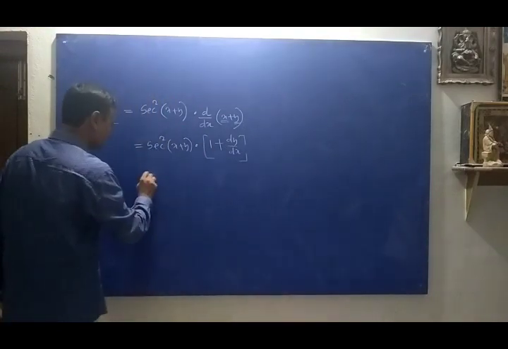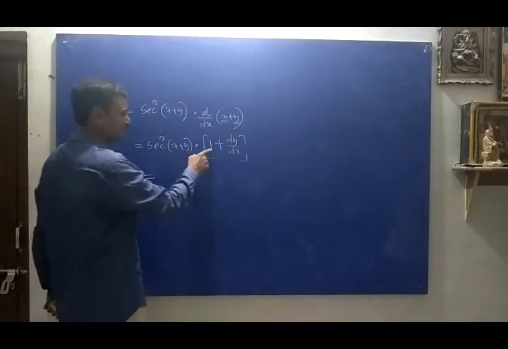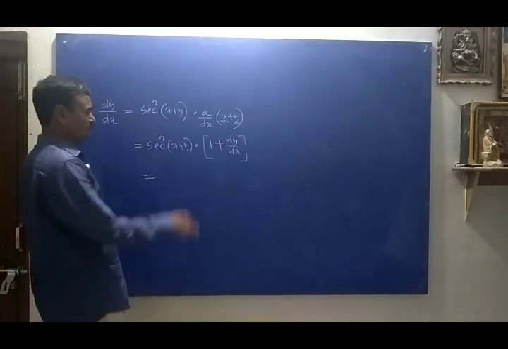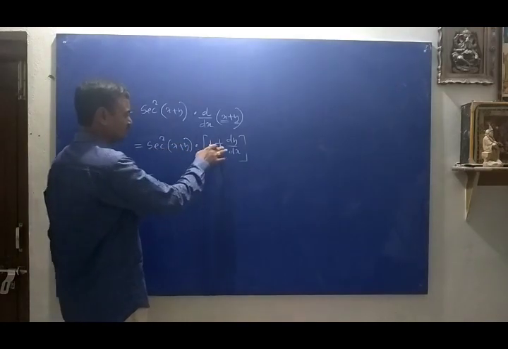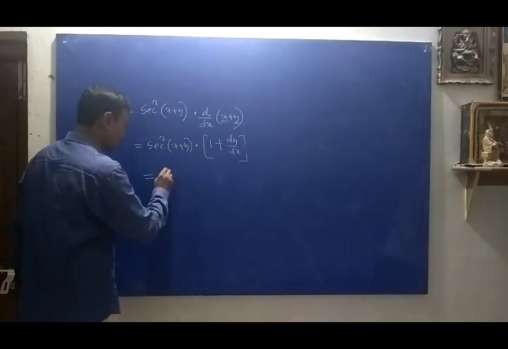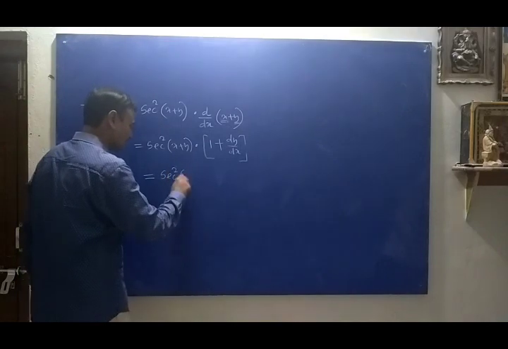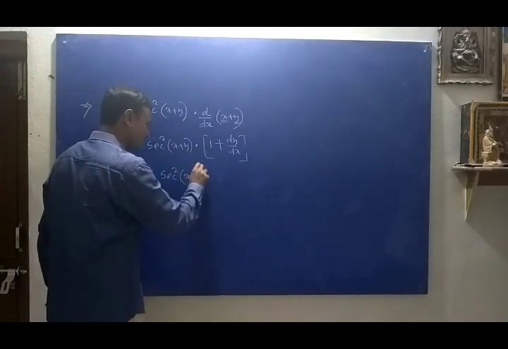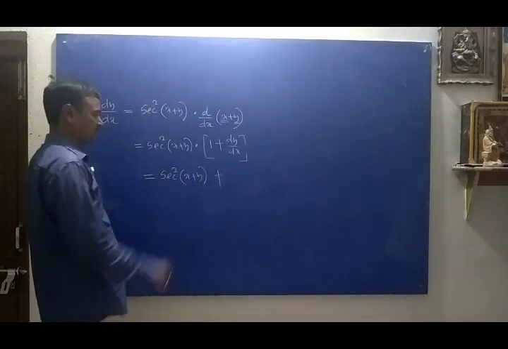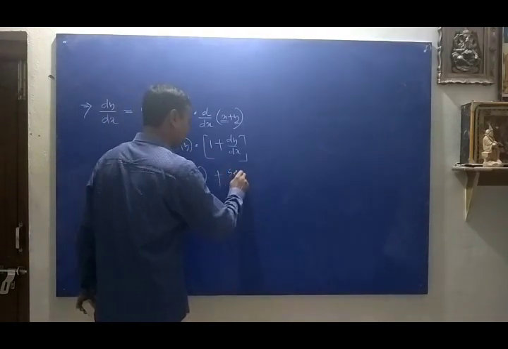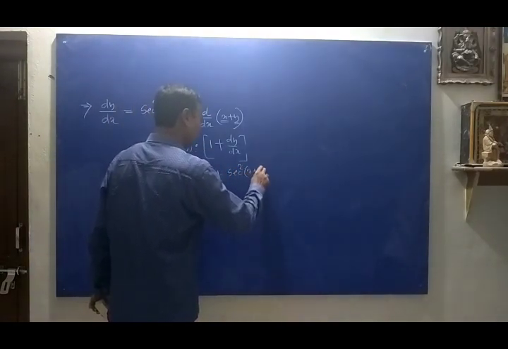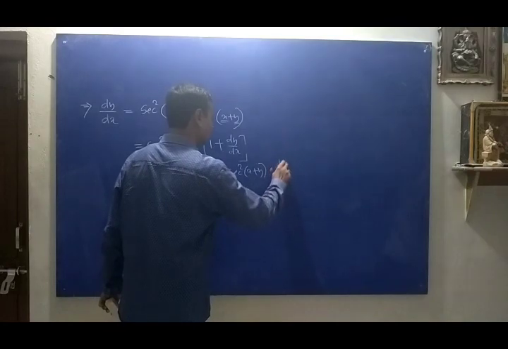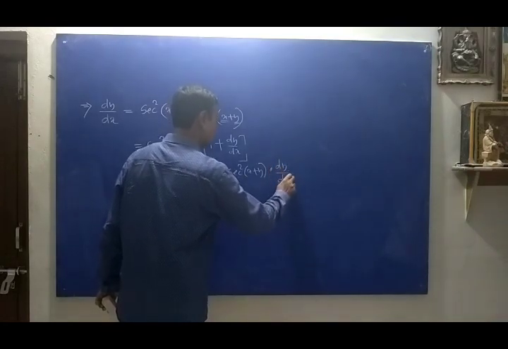So this is a into b plus c. What is the formula? A into b plus a into c. So what is the result? Sec square of x plus y plus sec square of x plus y into dy by dx.